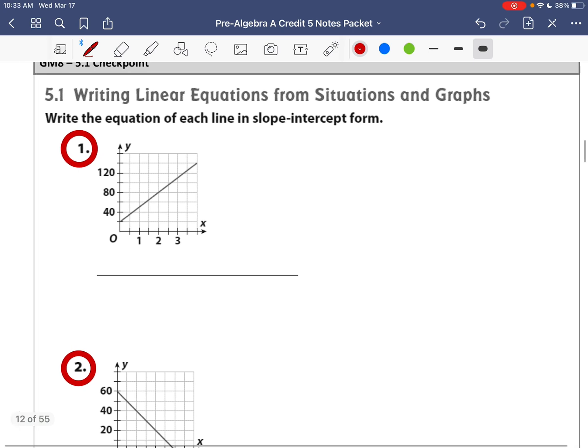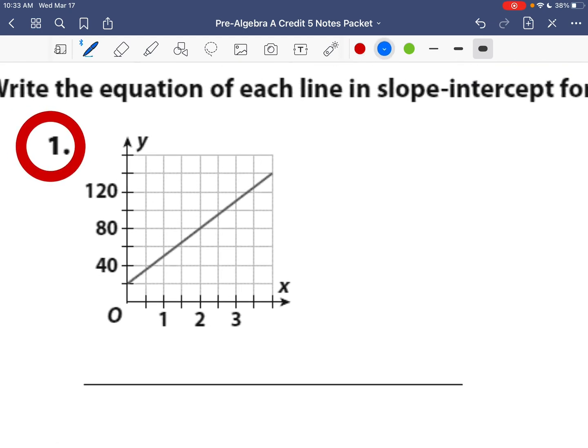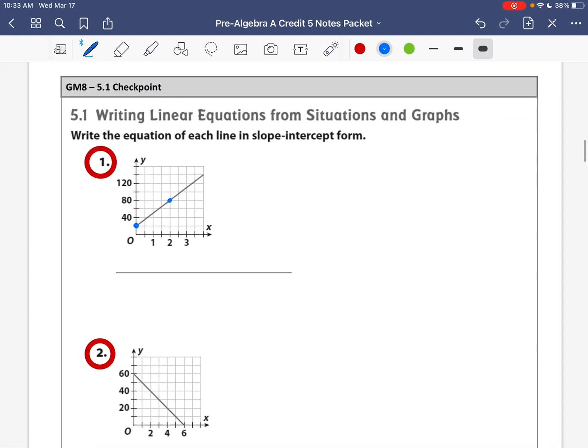For these questions, you're going to find the slope, find the y-intercept, and then write your equation. Notice that on these graphs, they don't give you points, but you can find your own points. For example, here is a point, and here is another point. So find out what those points are, and then find your slope that way.